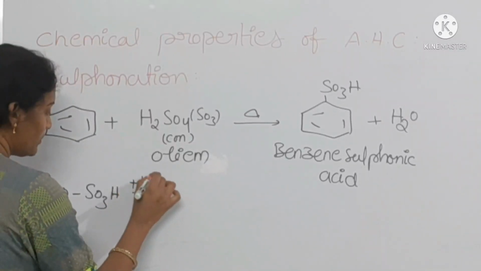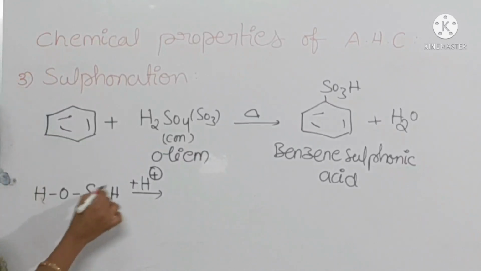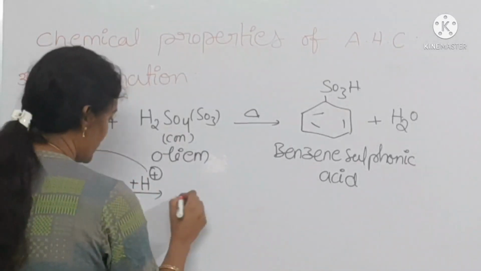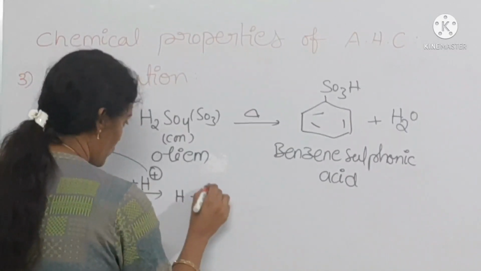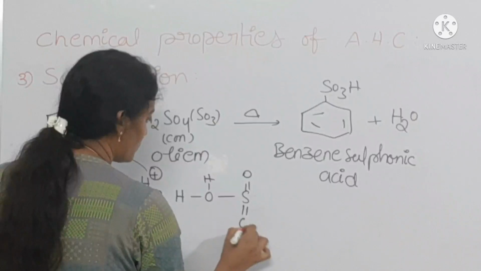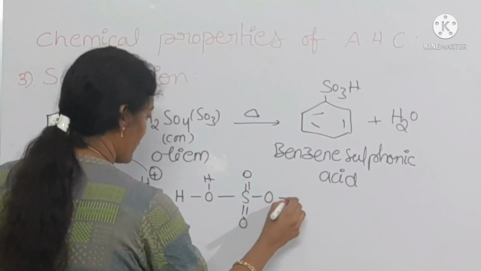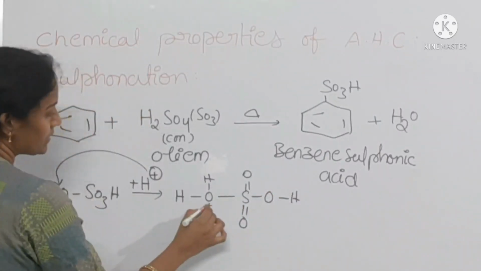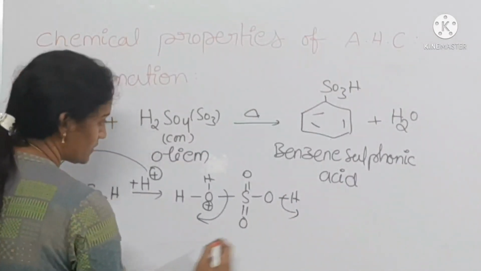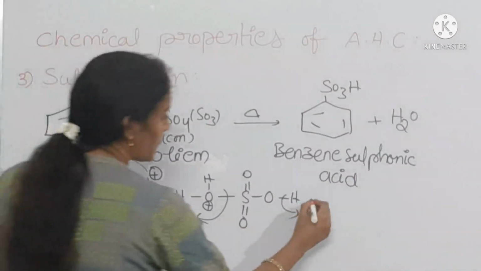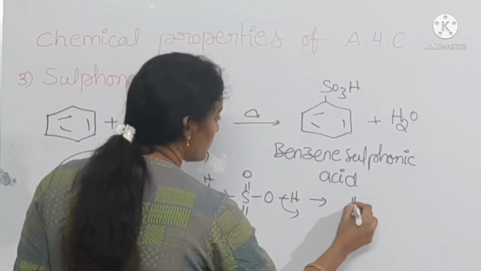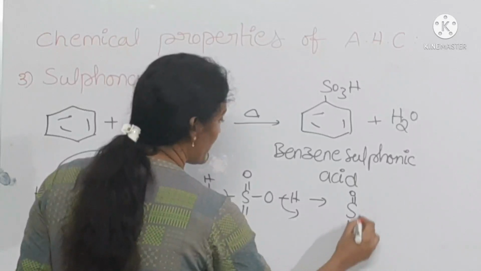Proton addition takes place on this hydrogen, H-O-H, S double bond O, H. This water molecule and H plus can come out in the form of H3O plus.